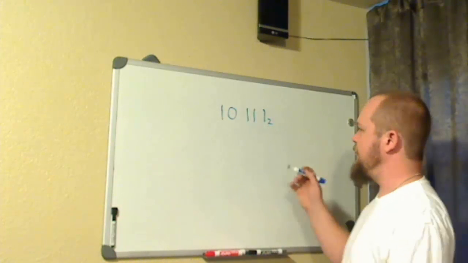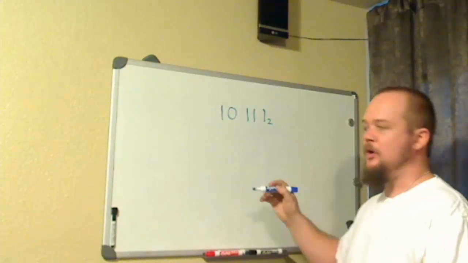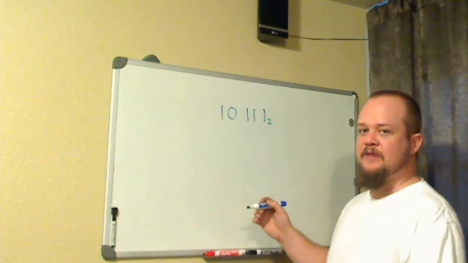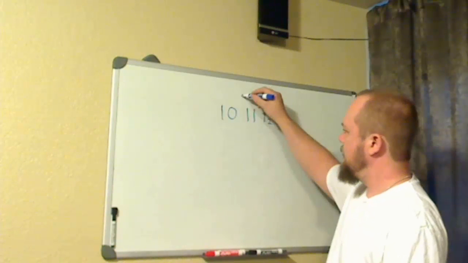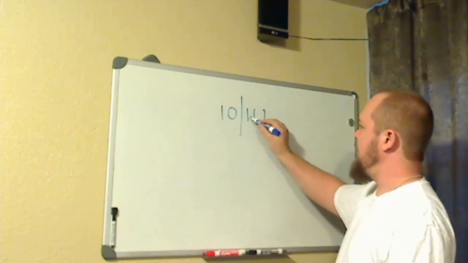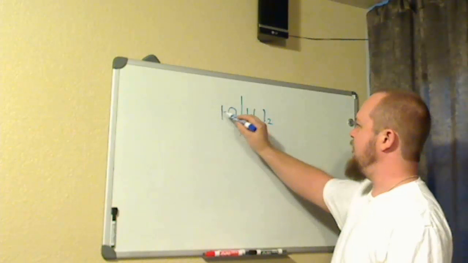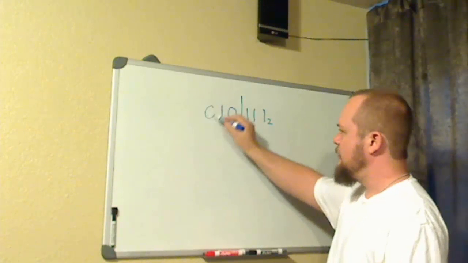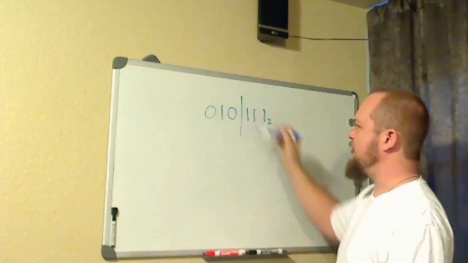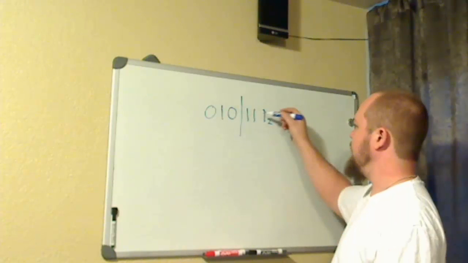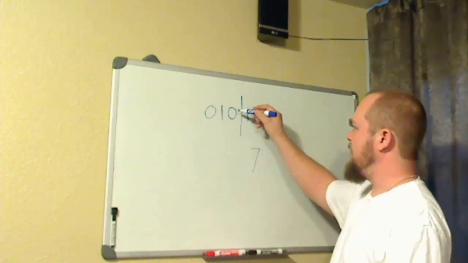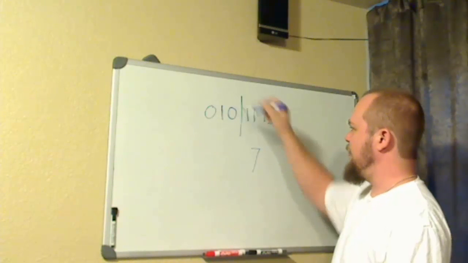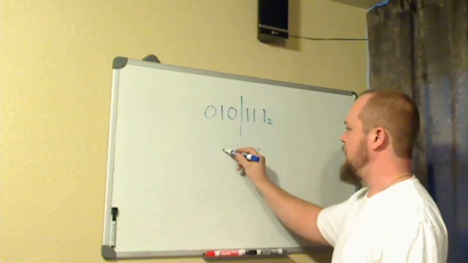So in order to convert a binary number to octal is simply a matter of dividing it up into 3-bit sections, like this. You have only 2 bits over here, but for example, you have 3 bits, and we can convert this, which we know is a 7, and this we know is a 2.